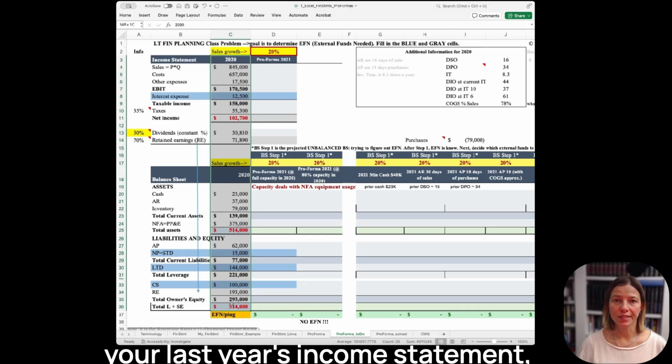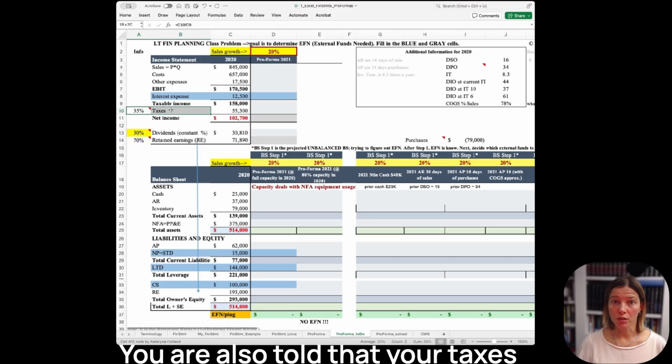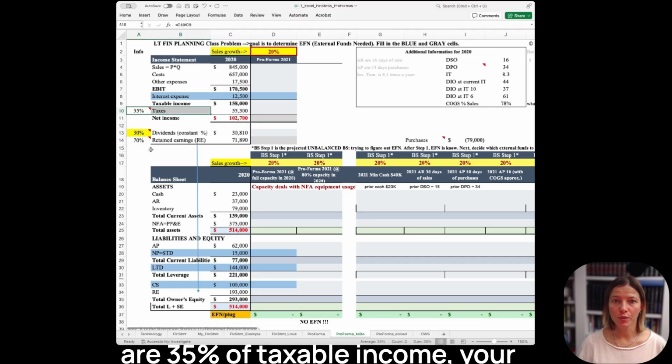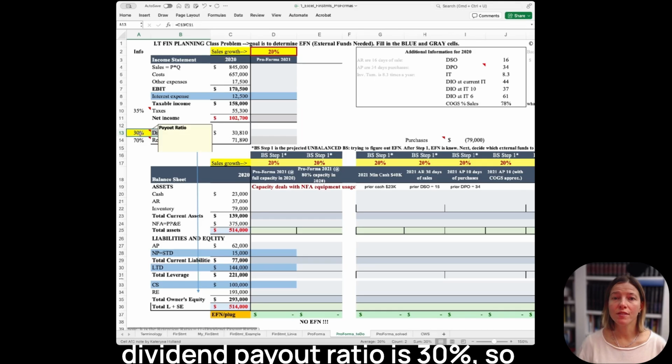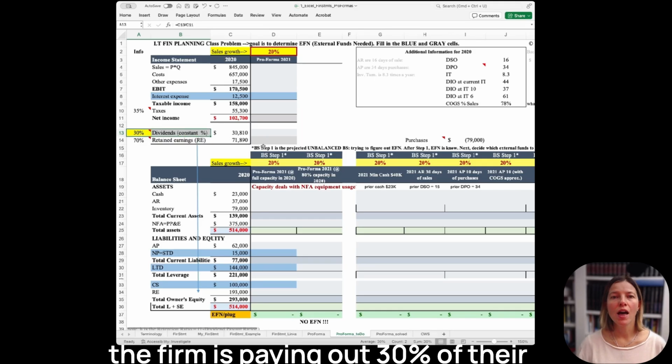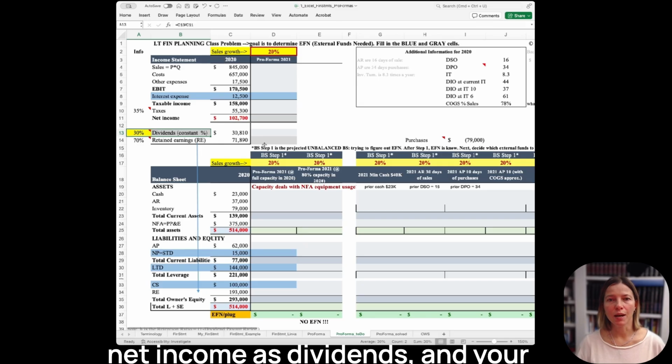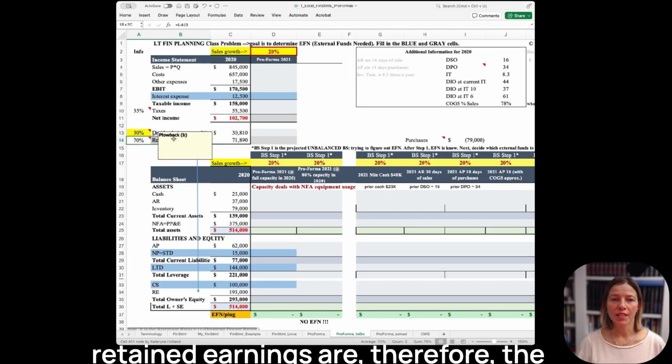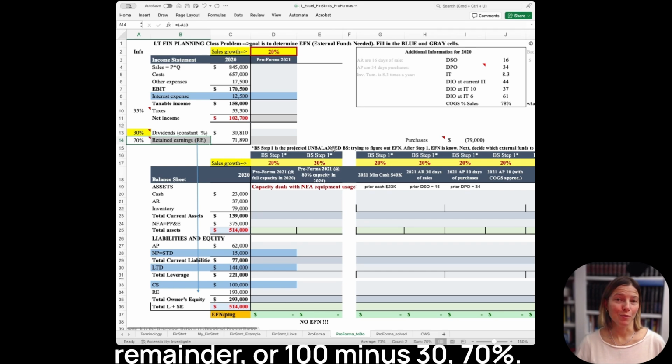You have last year's income statement and last year's balance sheet. You're also told that your taxes are 35% of taxable income. Your dividend payout ratio is 30%. So the firm is paying out 30% of their net income as dividends, and your retained earnings are therefore the remainder, or 100 minus 30, 70%.